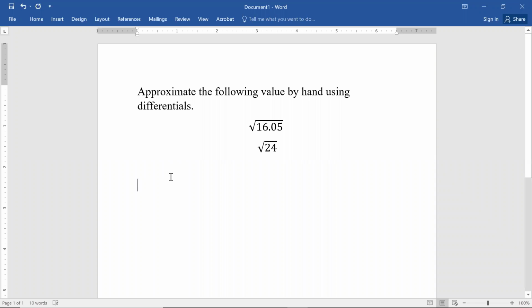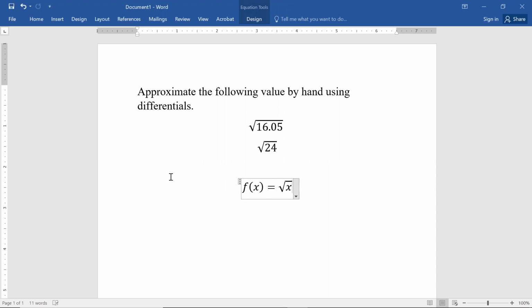We're going to pretend the function is the square root of x, and utilize differentials to approximate these two values.